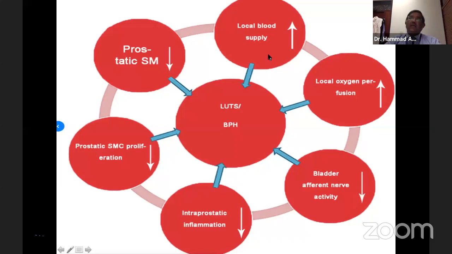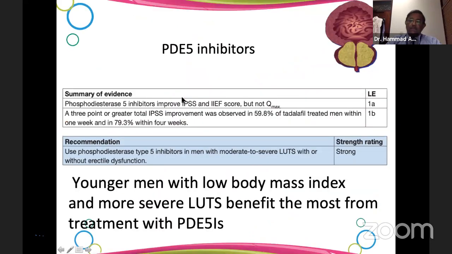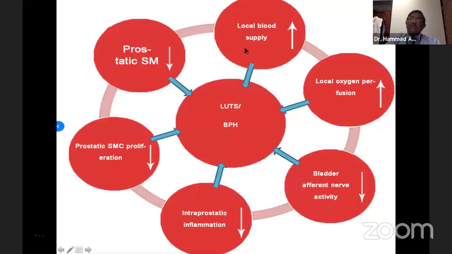So the PDE5 inhibitors like tadalafil and sildenafil, typically studied is tadalafil, also help in BPH, and they help by various mechanisms which are described here, which include increased vascularity of the prostate in that area, and some impact on the alpha afferent nerve activity.